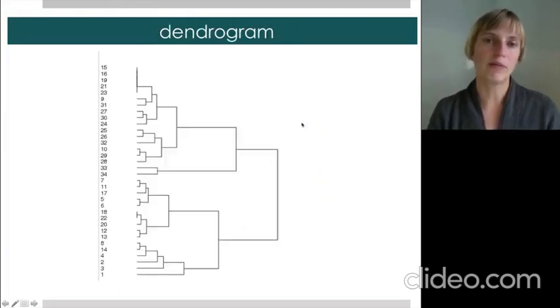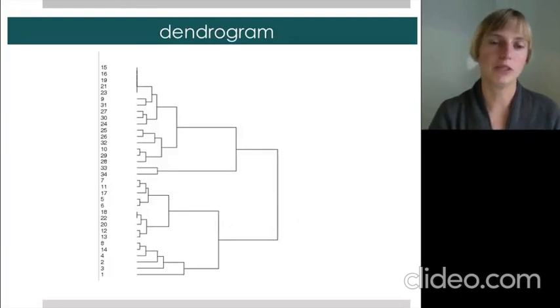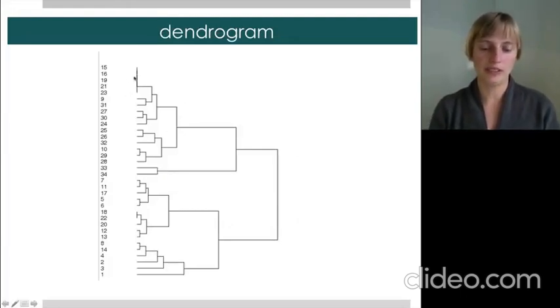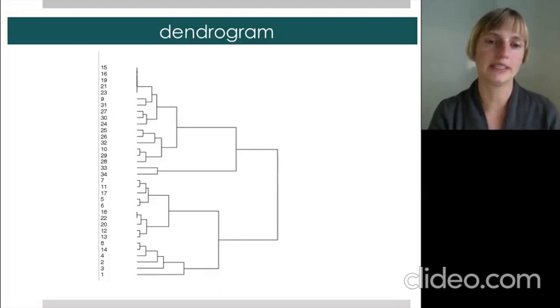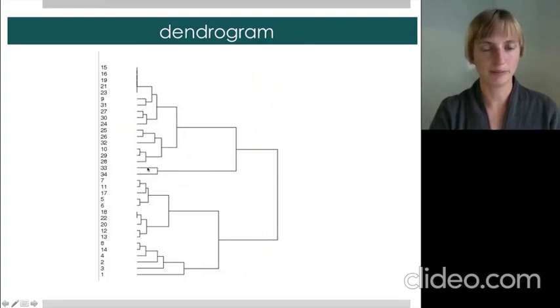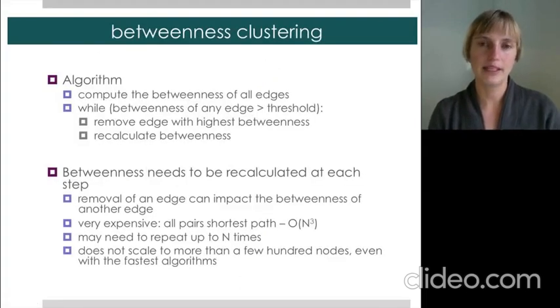One other form of output is the dendrogram, which tells us, as you join nodes and groups of nodes together that are similar in this hierarchical clustering process, which nodes are in the same group. And eventually you end up with just two groups, which you can then compare. Are these individuals the ones who split off?